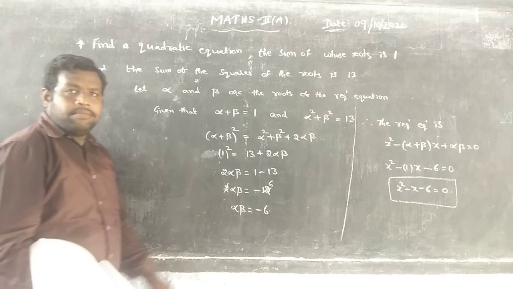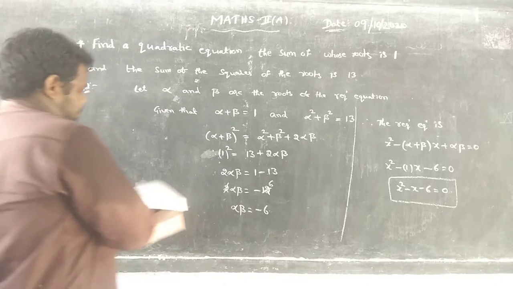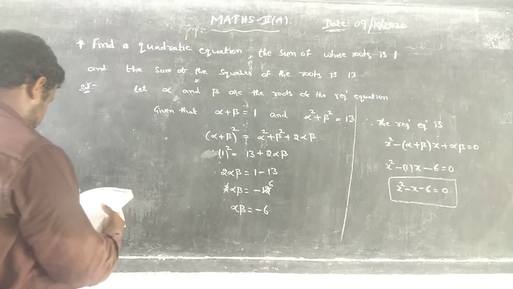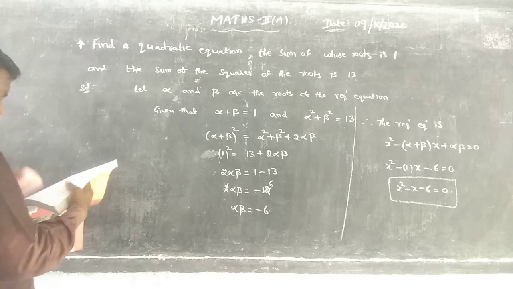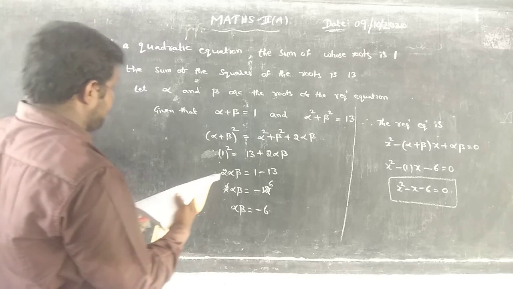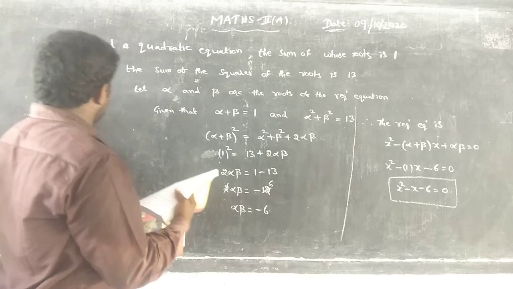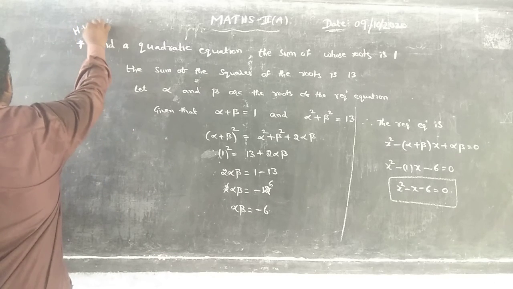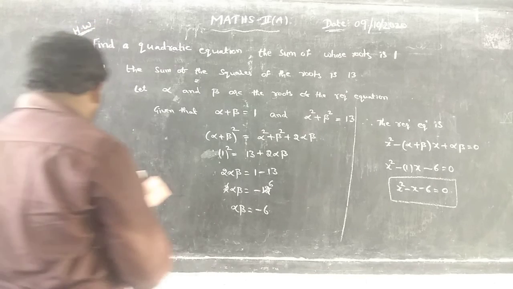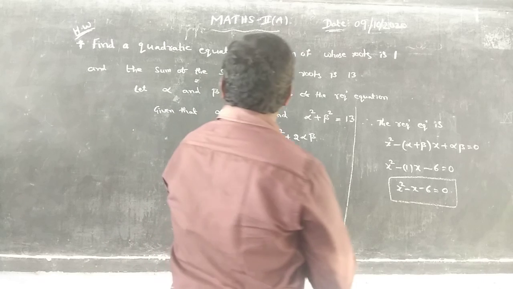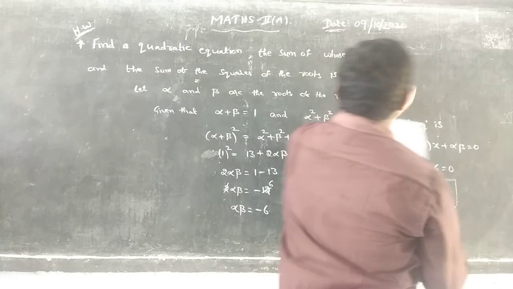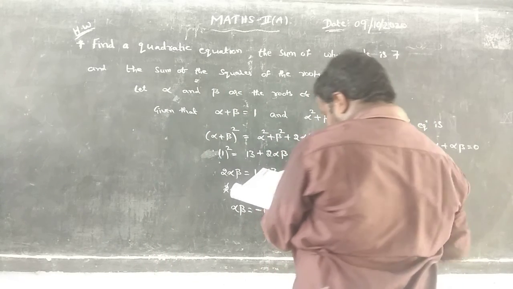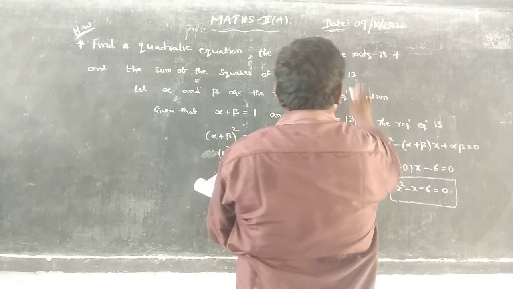Okay, completed. Same as it is, model problem, homework problem. Write down the homework problem. Find a quadratic equation, the sum of whose roots is 7 and the sum of the squares of the roots is 25.